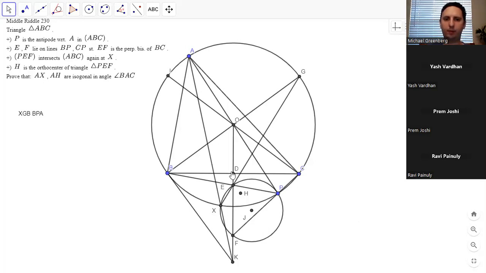If we drop perpendiculars from D to AB and AC, and then we do the same with H, we could try to show the ratios are the same. The perpendicular from H to AC is parallel to PJ, and the perpendicular from H to AB is parallel to BP. So maybe that might help.